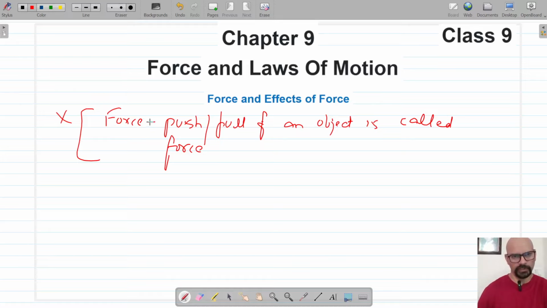Before we come to the correct definition of force, let's study the effects of force. Whenever we apply a force on an object, what could happen to the object?